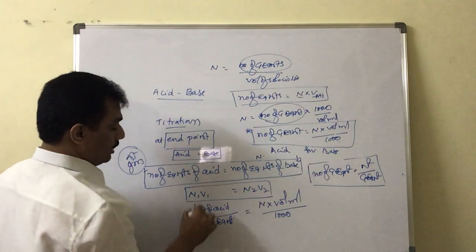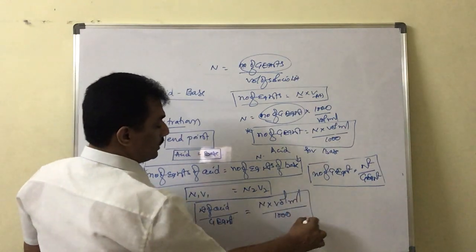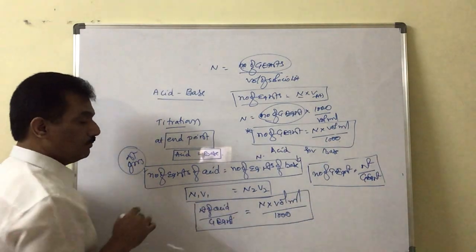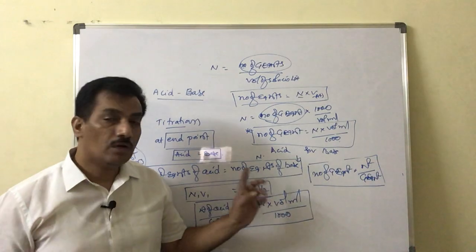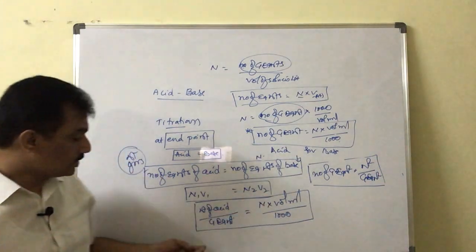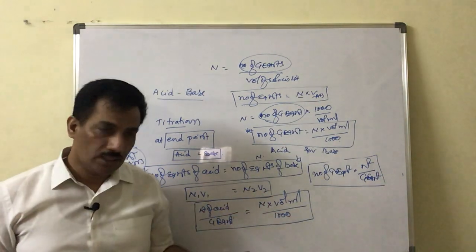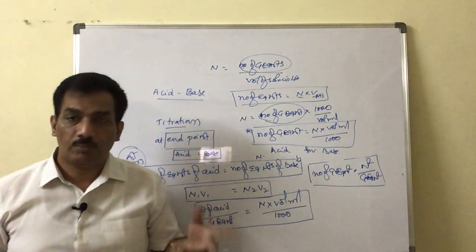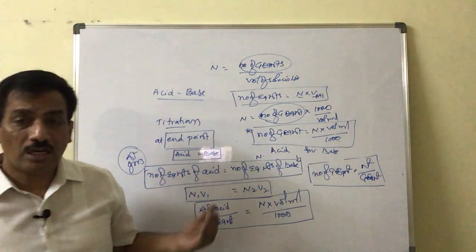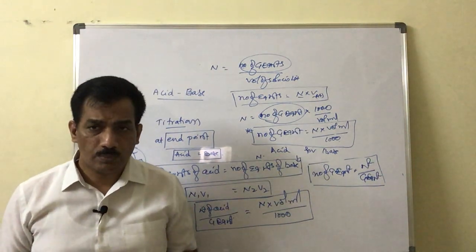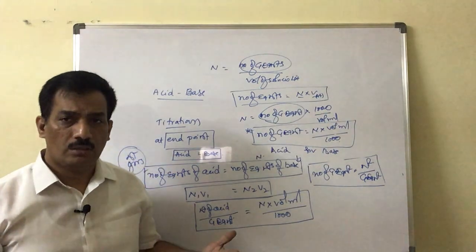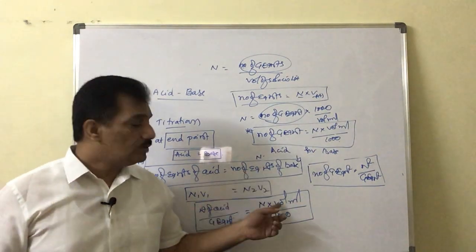Just observe, when one of the components is given in weight and the other one in normality and volume, here we are considering weight is given for acid and normality and volume is given for base. But you need not confine only to this. Sometimes the weight of the base is given.